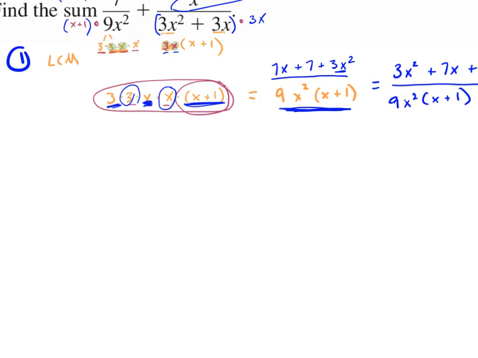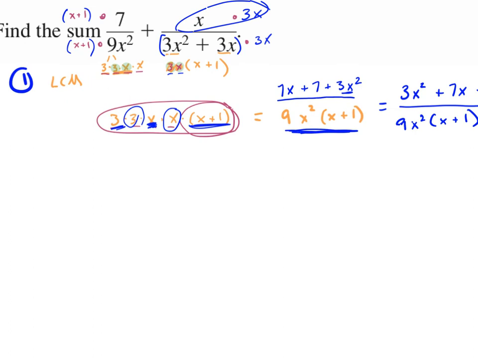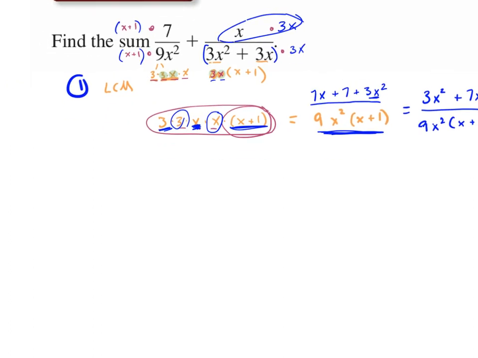Another way we can solve it is just multiplying the whole thing by the denominator of the other one. So I'm going to rewrite the problem, and I'll show you what I'm talking about. So we have 7 over 9x squared plus x over 3x squared plus 3x.